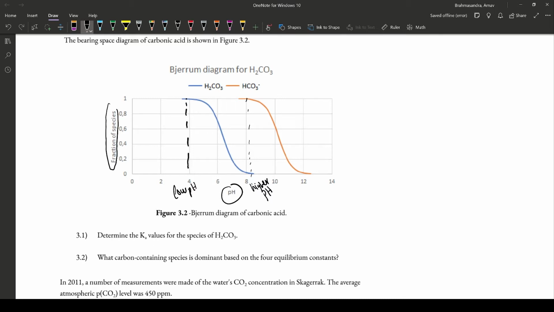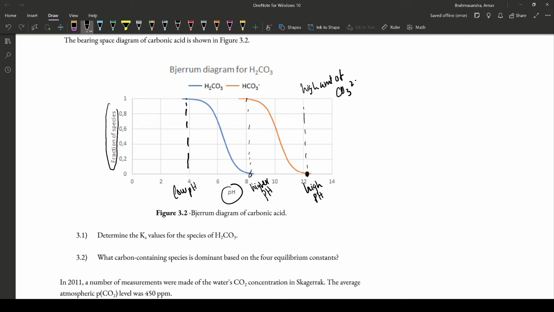When we have a slightly basic environment, we're going to have a lot more of the base present rather than the acid. And if we have really high pH, we have very little HCO3 minus, basically no H2CO3, and a high amount of our carbonate, CO3 2 minus.